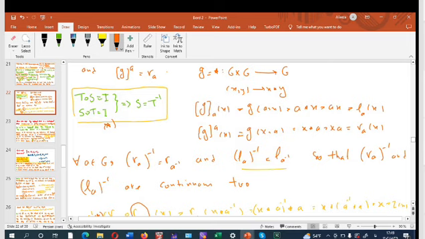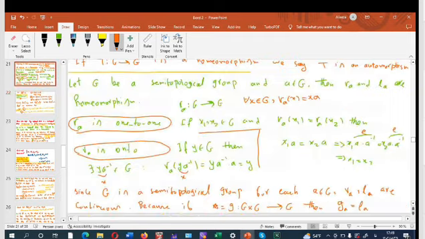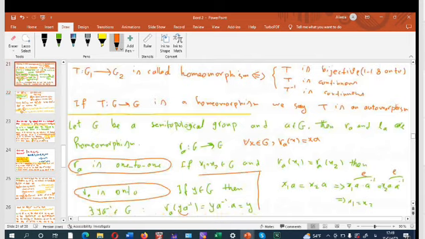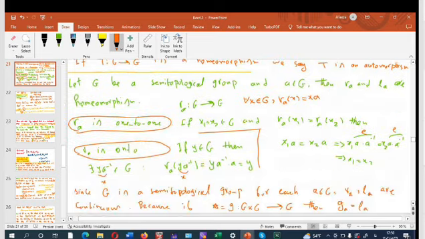And this shows that this function is continuous. Now we must prove that the inverse of this function is continuous too.